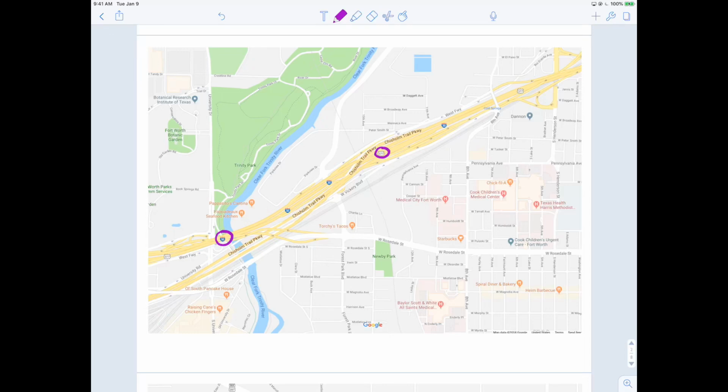Interstate 30 is this line here, and we could say that it is in general continuing in that direction. And 377 is also in general this line right here. These two roads lie on top of each other.